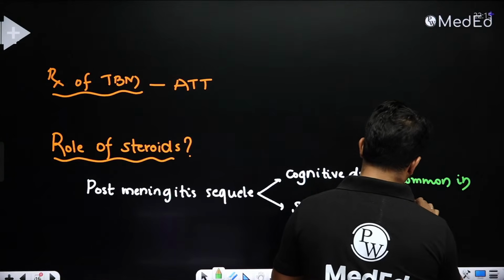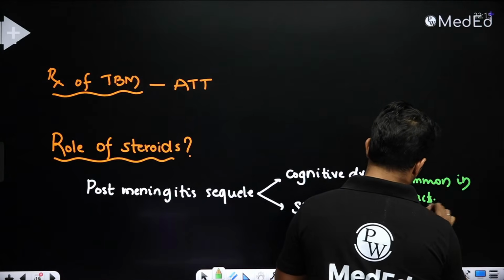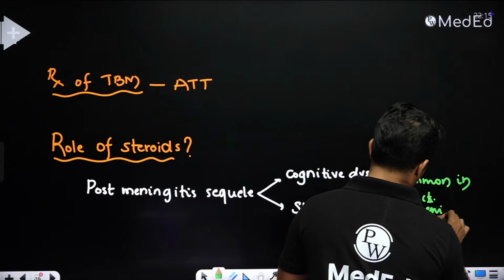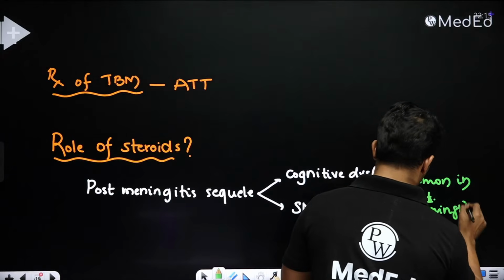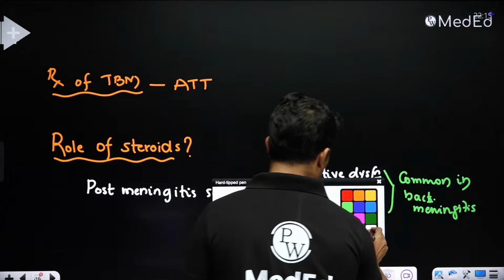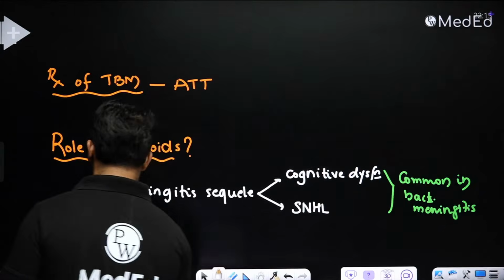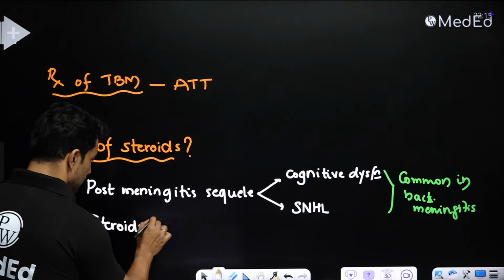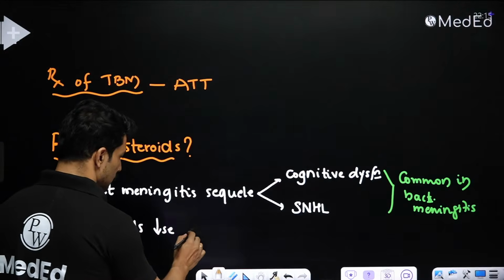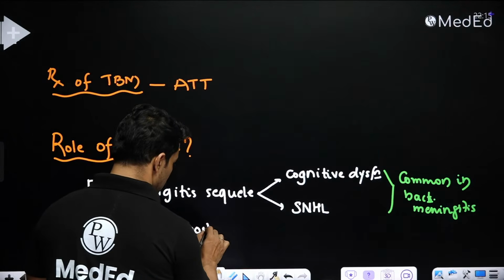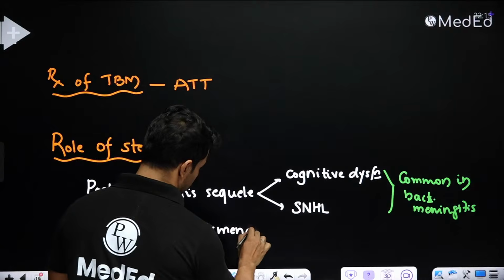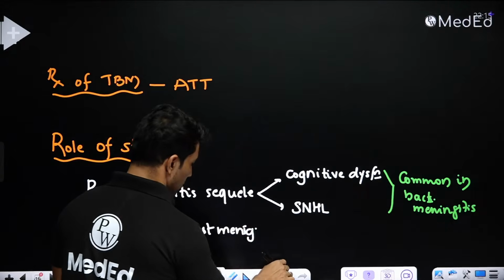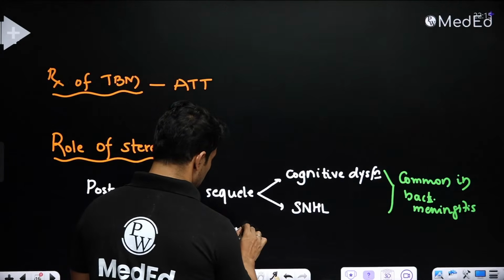Steroids decrease the incidence of post-meningitis sequelae. So it makes sense to give steroids.